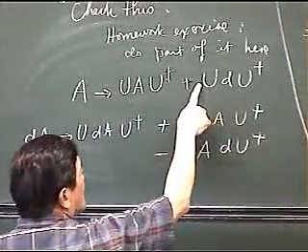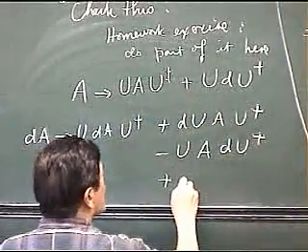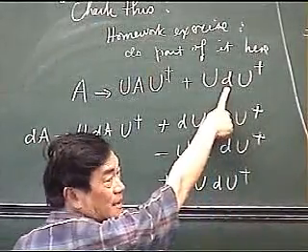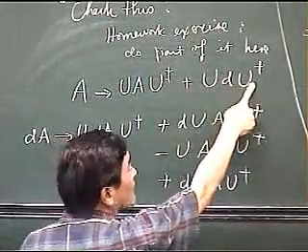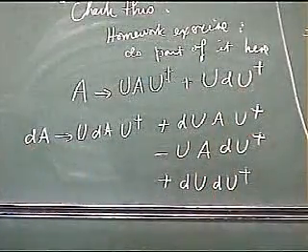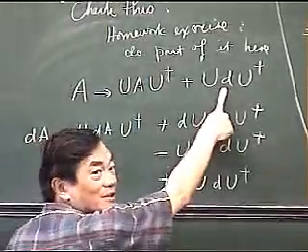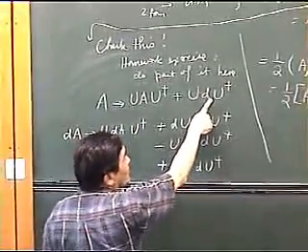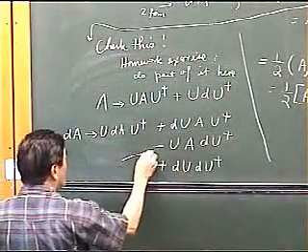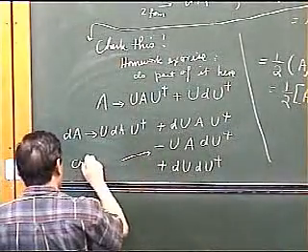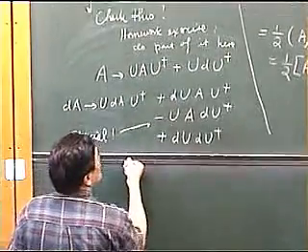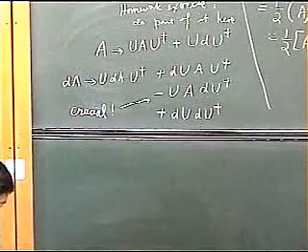And then finally, the d can act on this U, so plus dU dU dagger. And then what about the d acting on this U dagger? Well, that was the exercise you just did. When you have two little d's, you get 0. So d squared is equal to 0. So there's nothing there. And then here, you notice I've written a minus sign, and this is crucial. And I'll let you figure out that minus sign.